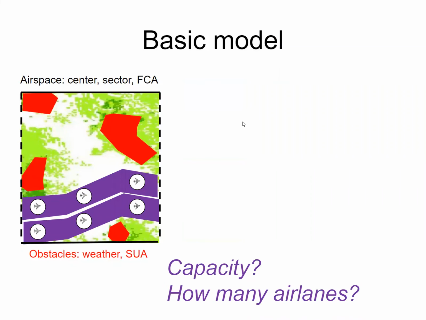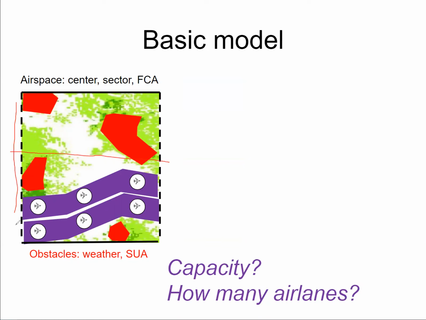And the question in the capacity estimation is, how many air lanes can we fit through this airspace going from left to right? So this left side of the airspace is the source through which the flow comes in. The right side is the sink through which the flow comes out. We want to route air lanes from left to right, and every air lane has a thickness, as we discussed.